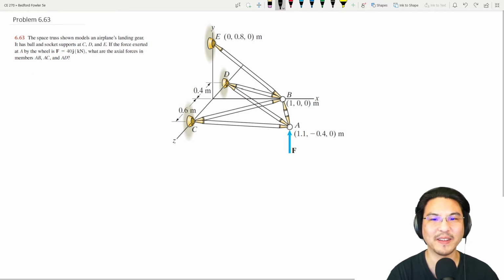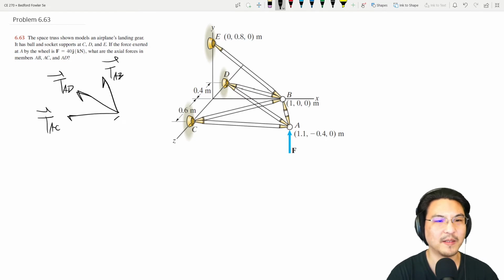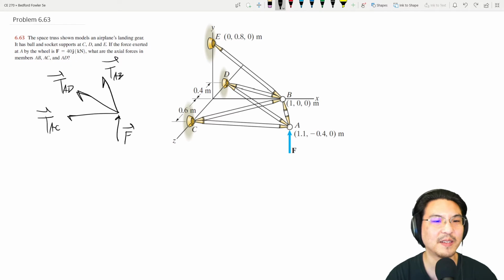So let's start with joint A. There are axial forces, let's call them AB, AD, AC, and then a load here, which is given right here.